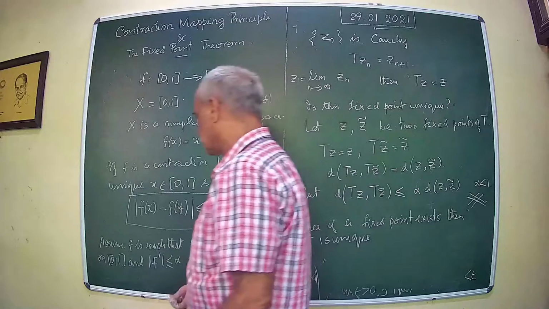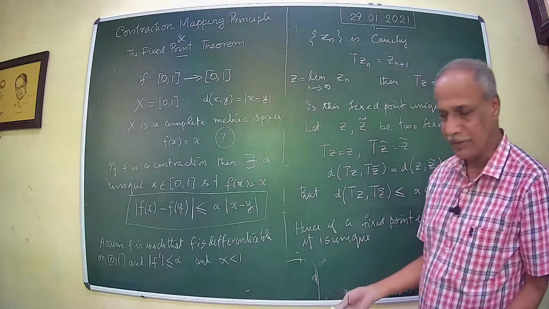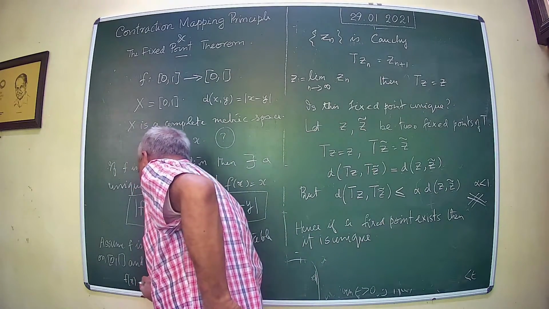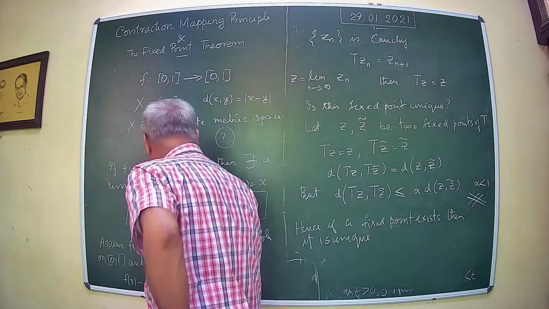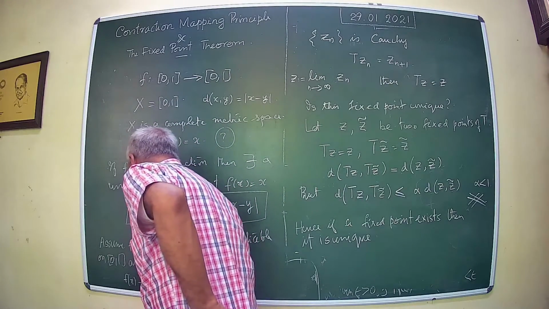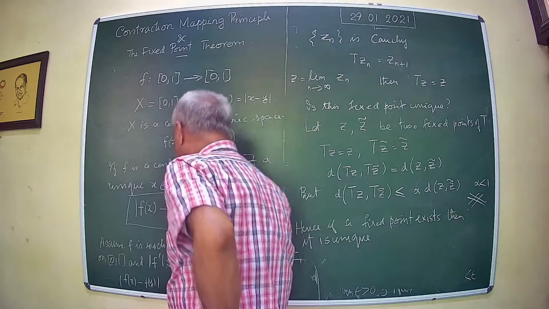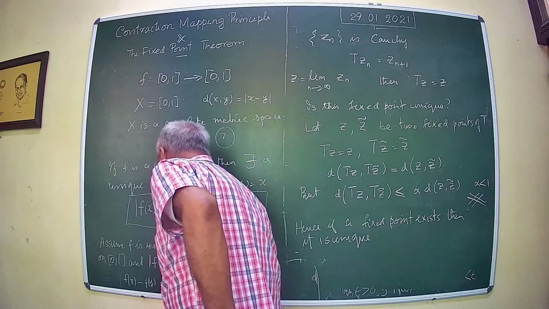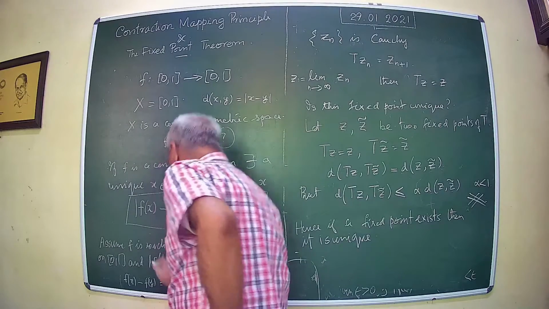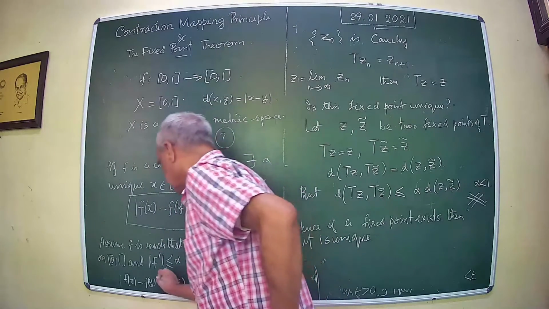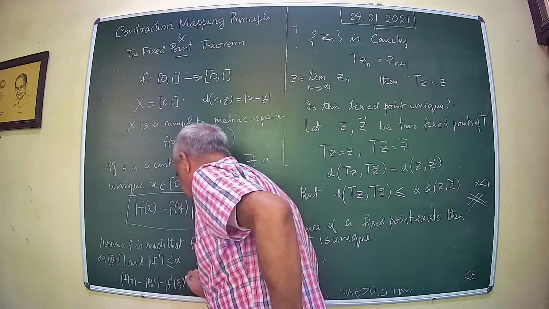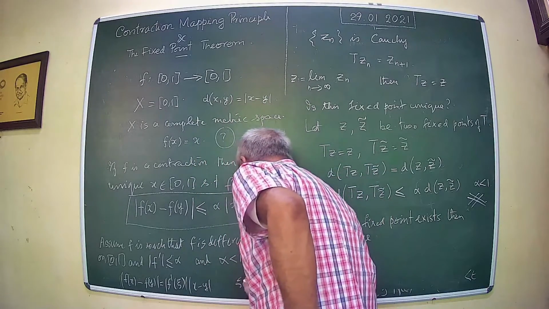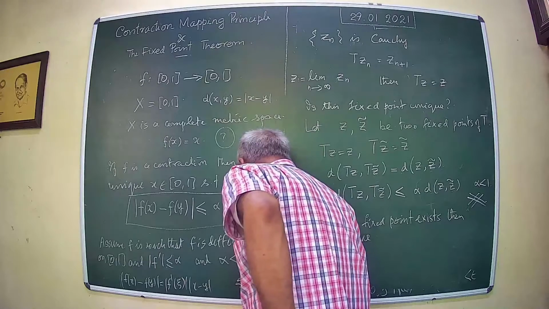How do you do that? You can use the mean value theorem. f(x) - f(y) is the derivative of f at some point psi times (x - y), where psi belongs to the interval (0, 1).